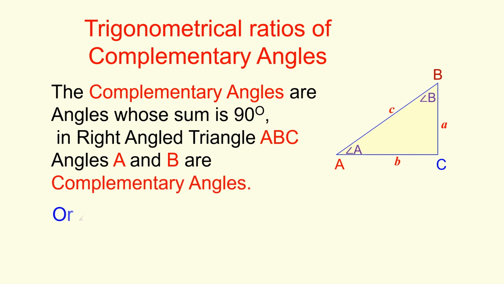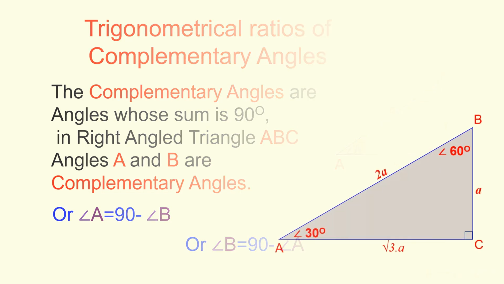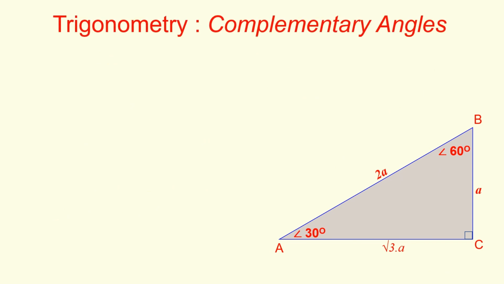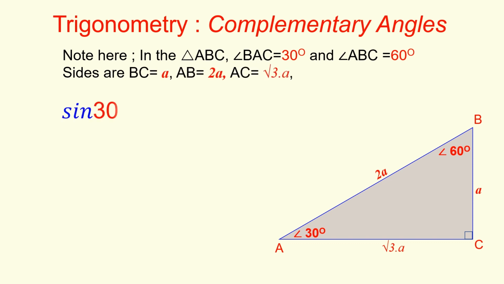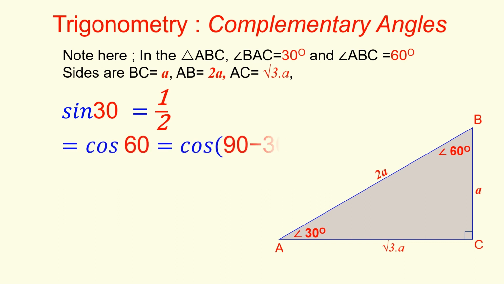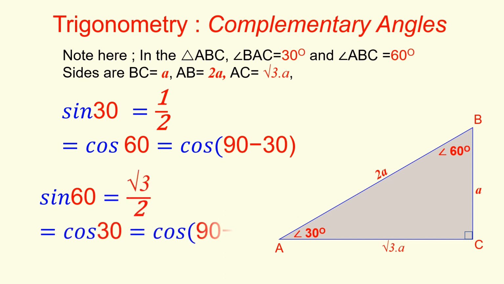In right-angled triangle ABC, angles A and B are complementary angles. Note here, sin 30 equals cos 60, and sin 60 equals cos 30.